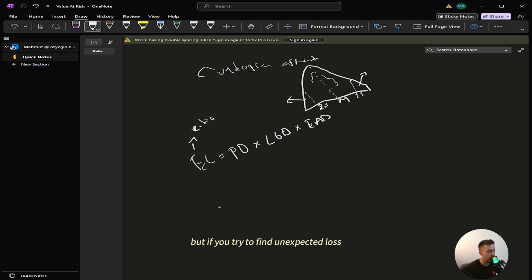But if you try to find unexpected loss, what should you do? We are trying to determine our unexpected loss. This is easy, guys. If you take expected loss minus value at risk, guys, this is our unexpected loss. This is easy, guys.